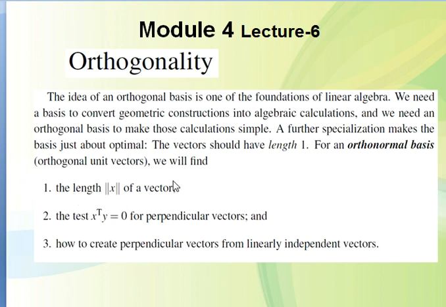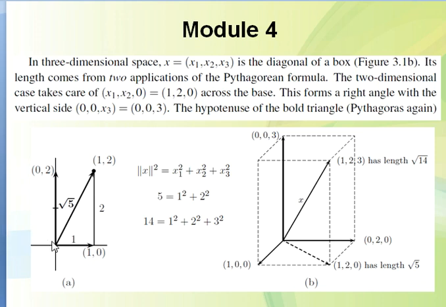The length of the vector is the hypotenuse here, and it is the diagonal in a three-dimensional coordinate system. In a three-dimensional coordinate system, we can write it as x1 square plus x2 square plus x3 square.